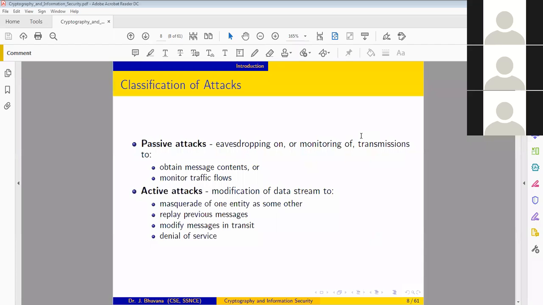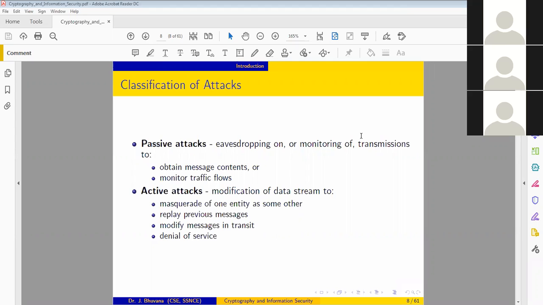Denial of service is like this: there is a server which can handle 20 requests from 20 clients at a point of time. If someone knows this information about the capacity of the server, he can initiate n number of requests and submit them to the server.